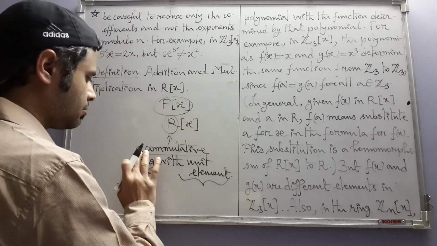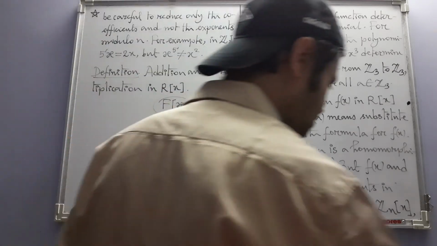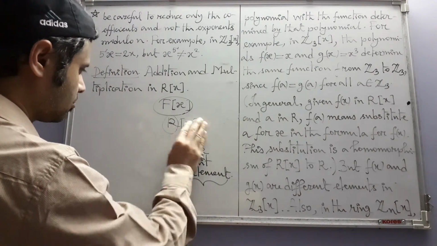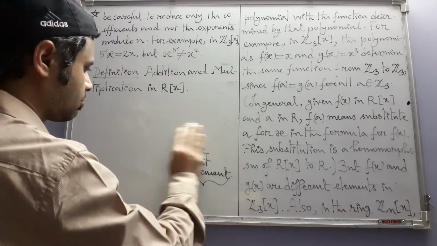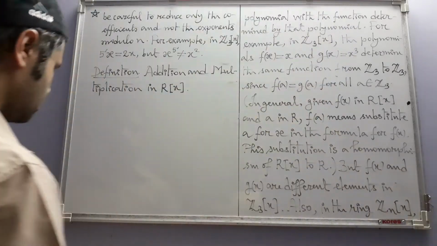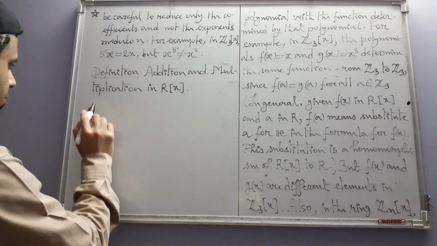Here, however, only commutative rings are being considered. Okay, so that is the slight difference. Okay, without further ado, let's just see the definition.